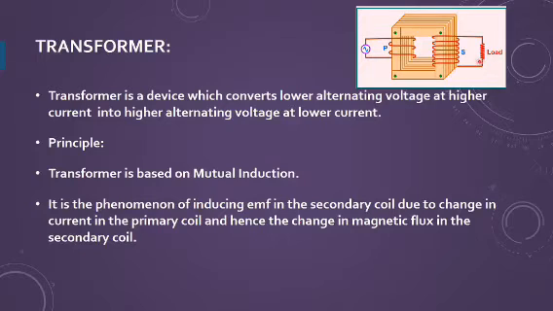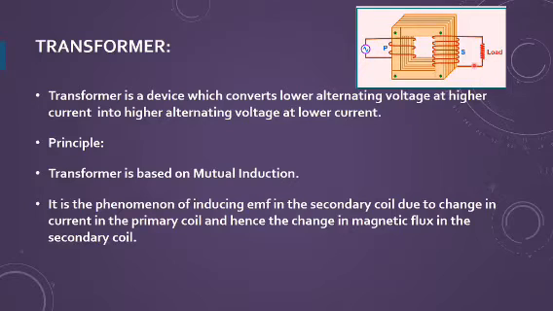Whatever load we use is just to check that we are getting the induced EMF and the induced current because of the change when we make the current pass through the primary coil. The first coil we call the primary coil, the second coil the secondary coil.